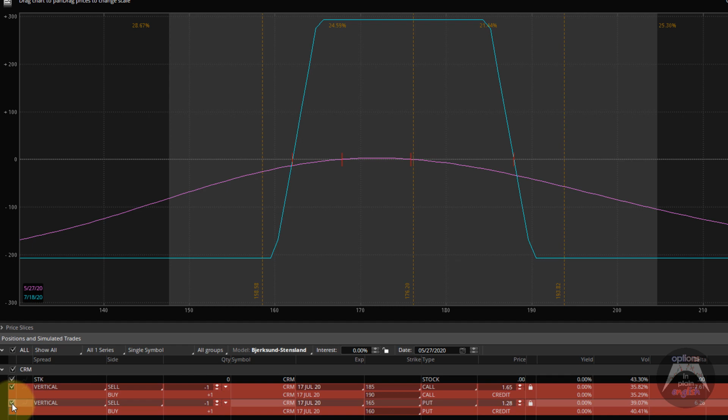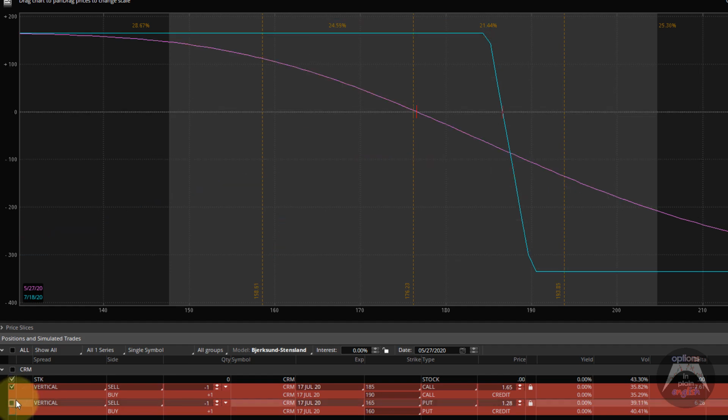Okay, but in this lesson we talked about a short vertical spread, a vertical credit spread, and we talked about vertical call spreads and vertical put spreads, both of them being put on for credits.